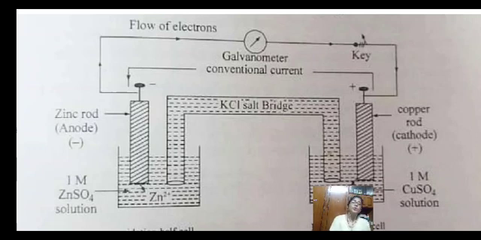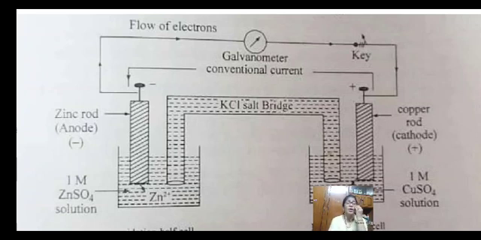Now since we have zinc metal on the left hand side, it will undergo oxidation. Only one reaction can happen, and that is zinc releasing electrons and converting to Zn2+. That means from 0 its oxidation number increases to +2 and it releases electrons, which signifies that it is undergoing oxidation.